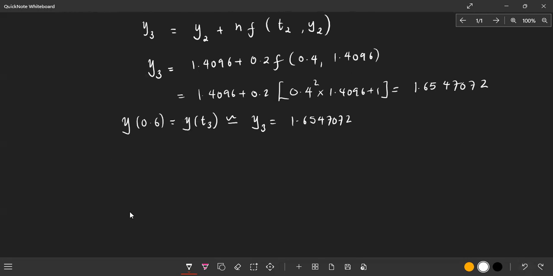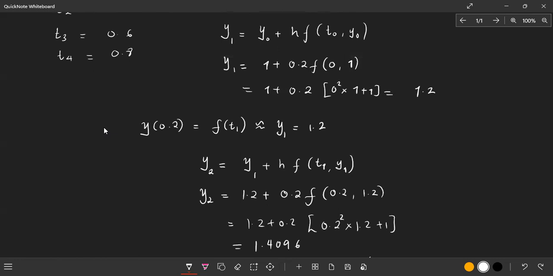So y4 will be equal to y3 plus h times f of t3, y3. Our y3 is just the previous value we've calculated, which is 1.6547072. Our h is 0.2. For f of t3, our t3 is simply 0.6, as you can see here.